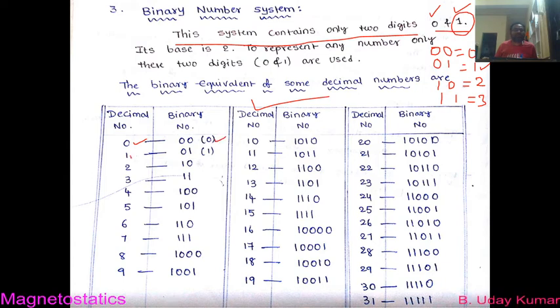In case of decimal, 1 will be written as 1 only in binary. And decimal 2 is written as 1 0 in binary, and 3 is written as 1 1. So these are the 4 combinations that you get with 0 and 1.